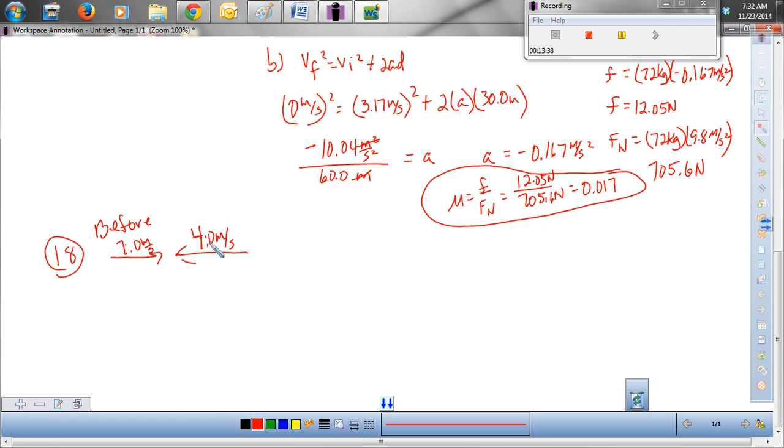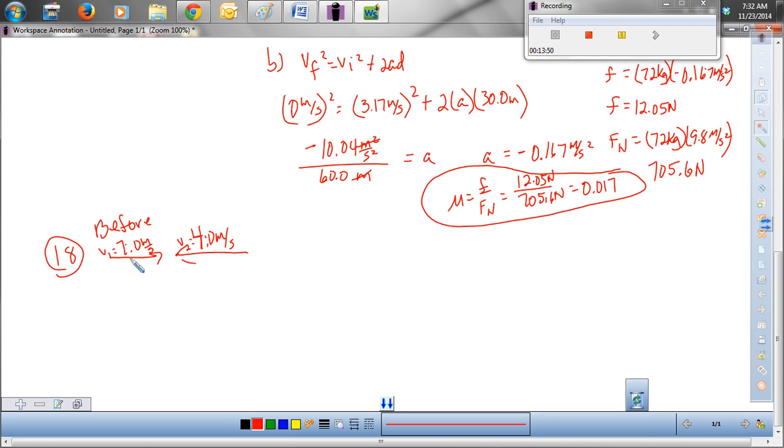So if they've swapped velocities, let this be V1, and this be V2, according to how the problem was written. So they just swap velocities.